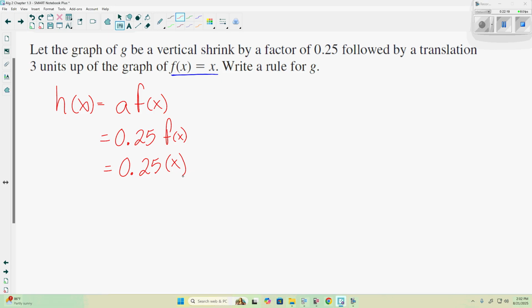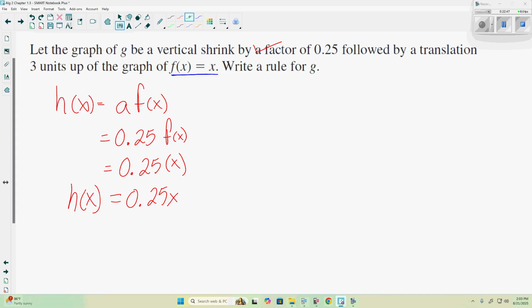And at this point here, we'll multiply those two together and give us 0.25x. And up to this point, all the ones we've done to this point, that's where we were finished, we were done. But here, all that's done is said, yes, the first transformation of vertical shrink by a factor of 0.25, we've applied it.